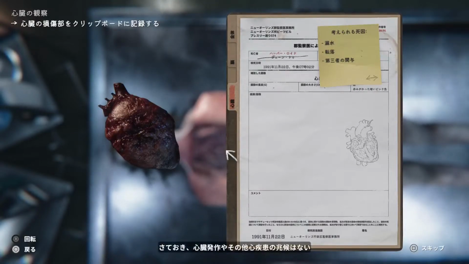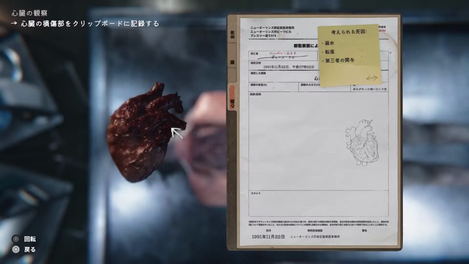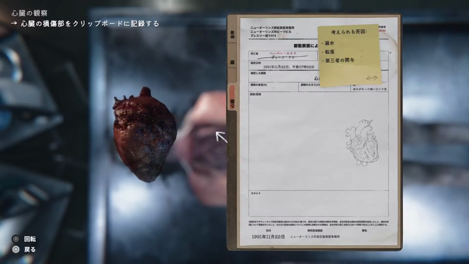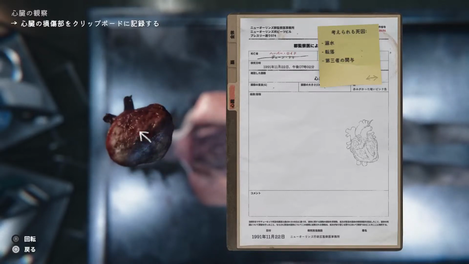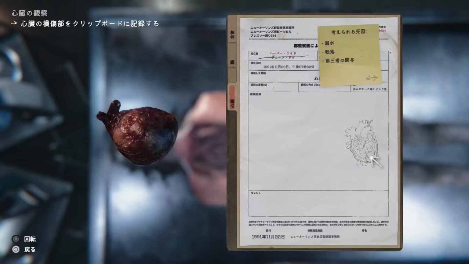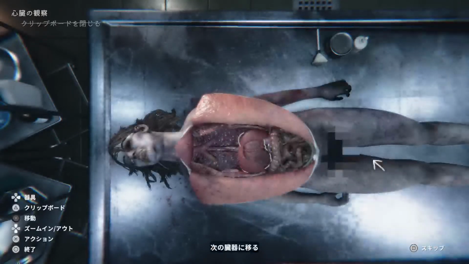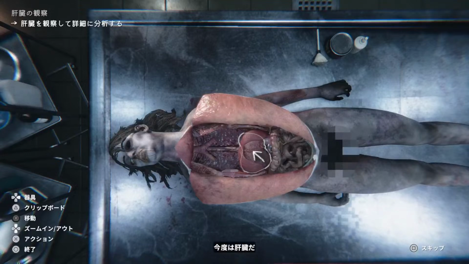Apart from that, no signs of a heart attack or other heart disease. I move on to the next organ. This time, it's the liver.